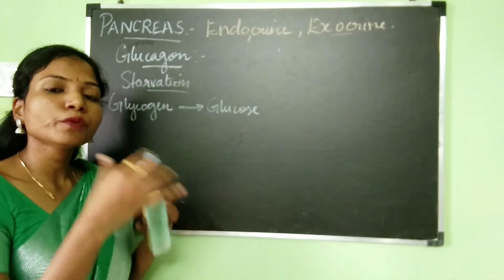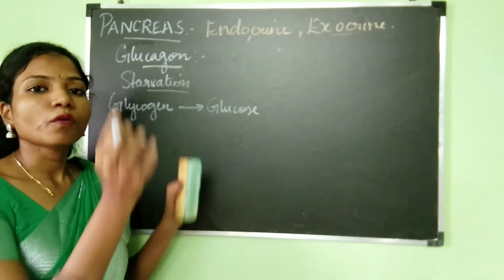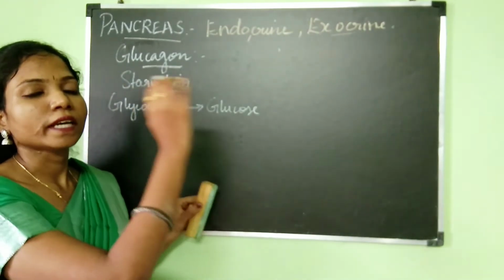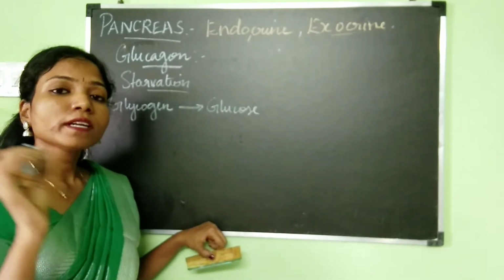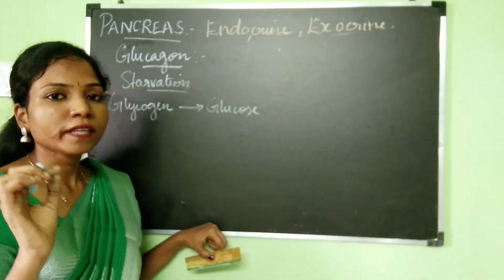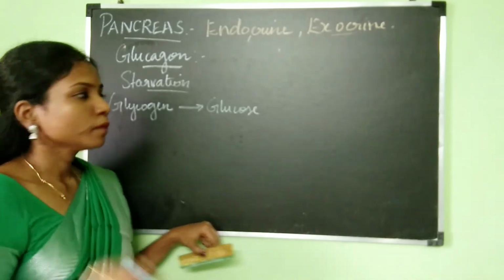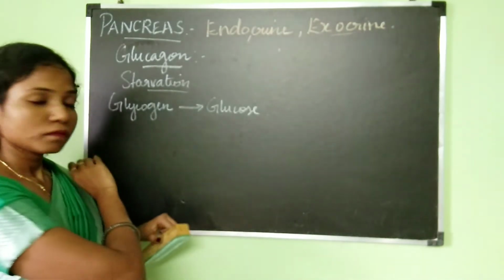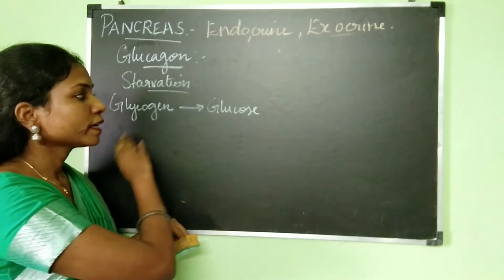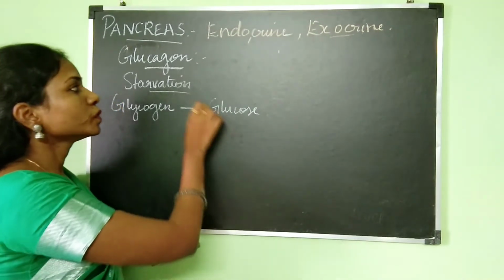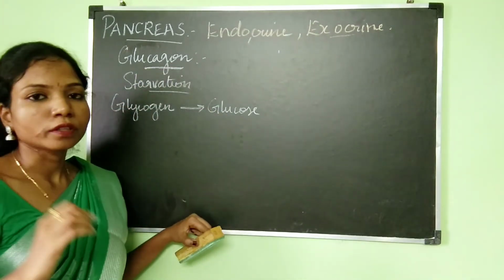Okay, so whatever food you are consuming all these days is getting stored in the liver with the help of the insulin. And during starvation, when you are not getting food, this glycogen will get converted into glucose with the help of the hormone glucagon.